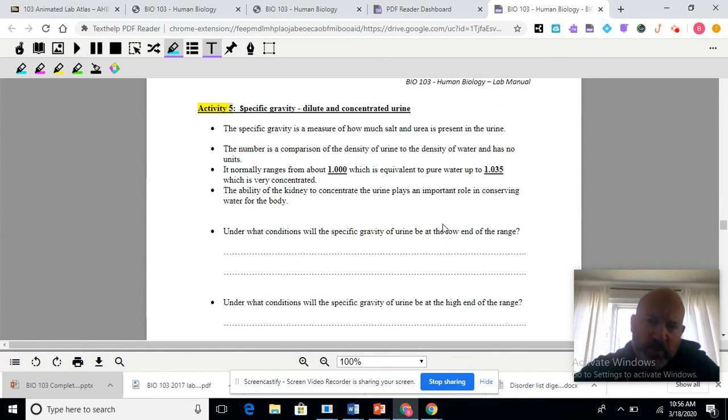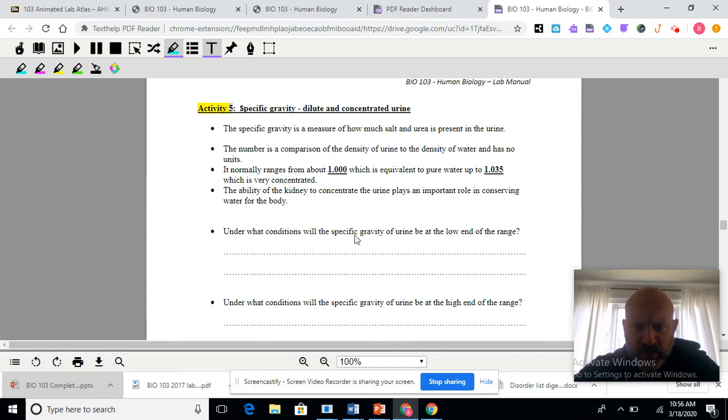Normally, when you wake up in the morning, your urine is more concentrated because you haven't been drinking anything all night long while you're sleeping. However, if you're drinking water all day long and you're urinating frequently, it's going to come out more dilute, so closer to the 1.000 side of the specific gravity.